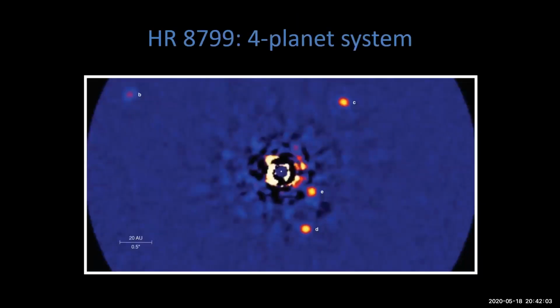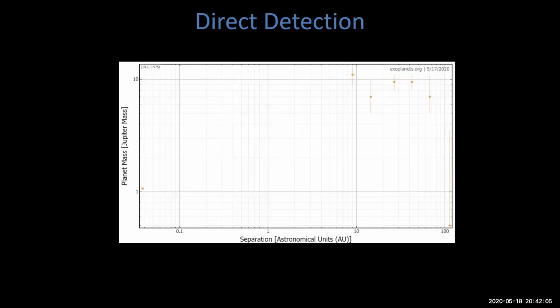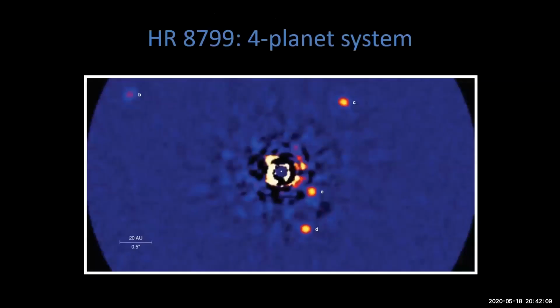Most of those direct detection planets, right, there's just a few dots on this slide here, are from this one particular system. So 4 of the planets that were found via direct detection are in the same planetary system. That's HR 8799. And so C, D, E, and B, I think, are all present here.